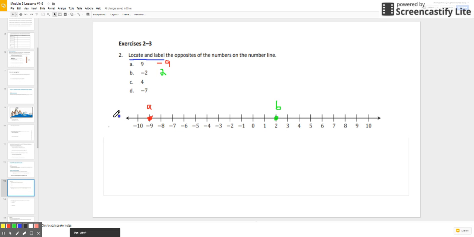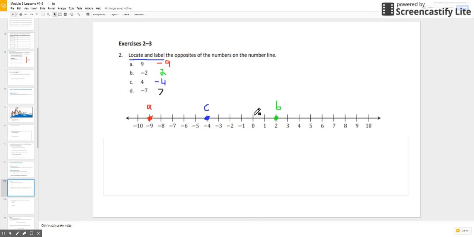Go ahead, different color if you have one. The opposite of 4 is negative 4. Here's positive 4, 1, 2, 3, 4 units to the right of 0. So I want to go 1, 2, 3, 4 units to the left of 0. That's C, so let's make sure we label it. And the last one, the opposite of negative 7 is positive 7. Once again, we can continue counting.